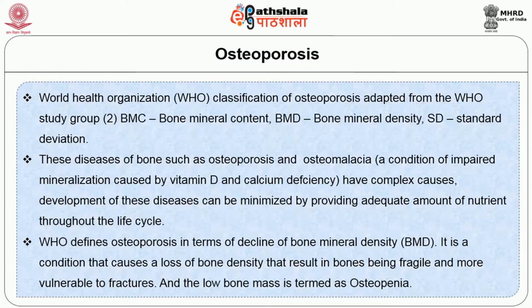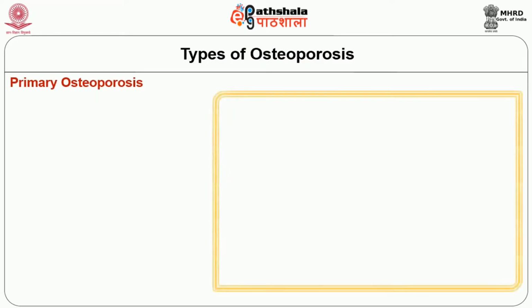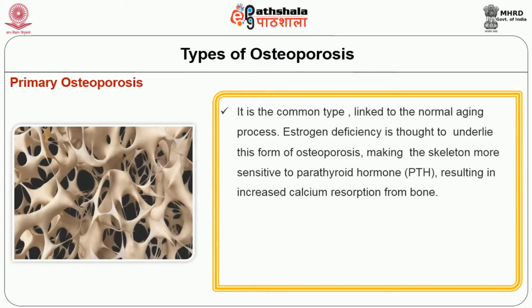WHO also defines osteoporosis in terms of a decline in bone mineral density. Simply put, it is a condition that causes a loss of bone density, which results in bones being fragile and more vulnerable to fractures, and low bone mass is termed osteopenia.